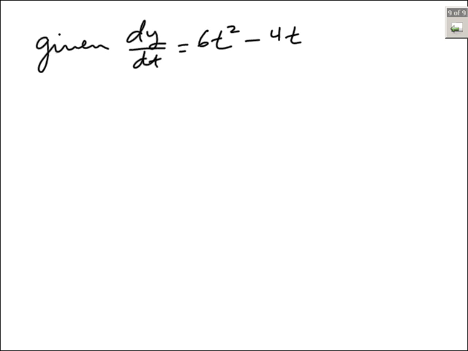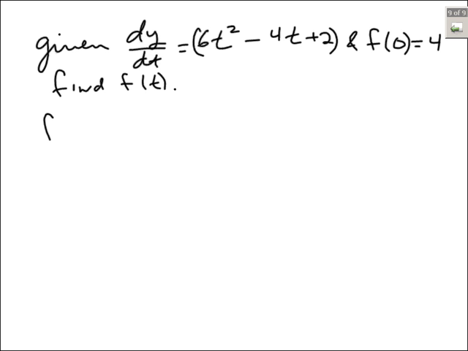So you're given that dy dt is equal to 6t squared minus 4t plus 2, and f of 0, the initial condition, is 4. Find f of t.